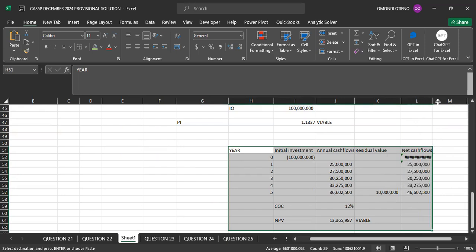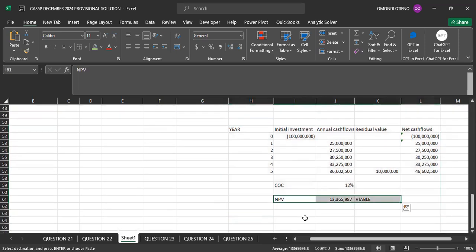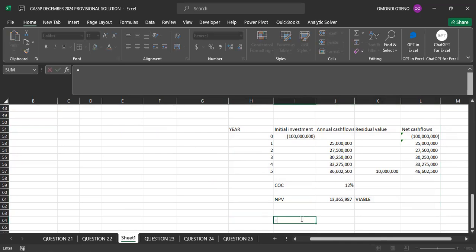So what we are going to do here, they want us to come up here with the internal rate of return. The internal rate of return has also got a function. IRR is equivalent to the values, including the initial outflow.